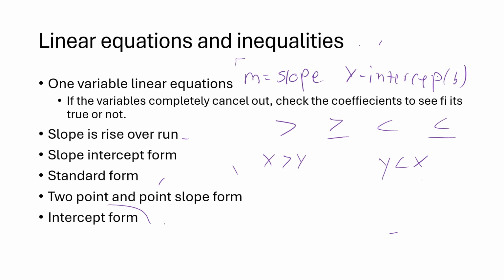Sometimes it's asking for where the x is. If x is greater than or equal to 7, and then something happens and now it looks like this, x is still greater than or equal to 7.